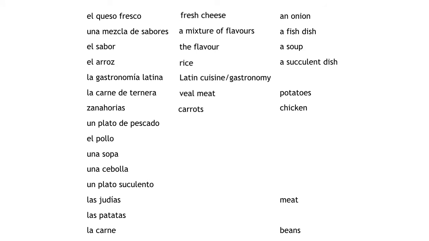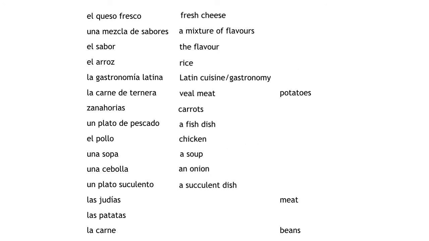Un plato de pescado, a fish dish. El pollo, chicken. Una sopa, soup. Un plato suculento. Oh, I've left one out. Una cebolla, an onion. And un plato suculento is a succulent dish. Las judías are beans. Las patatas, potatoes. And la carne, meat. Okay, so that's your useful vocabulary.